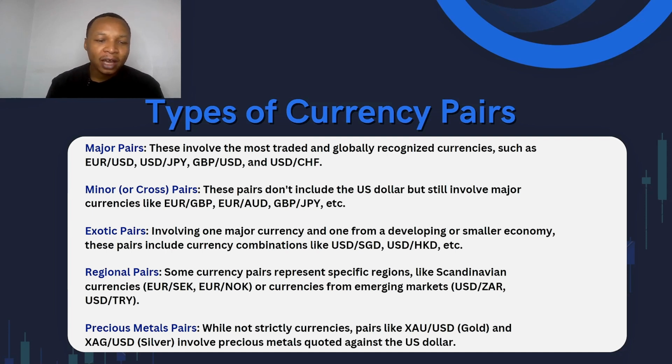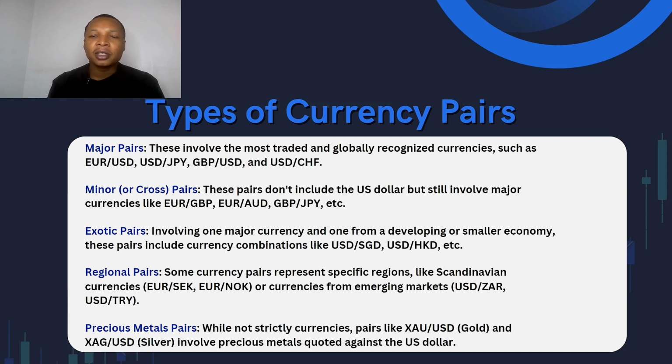And finally, we have the precious metal pairs. These are not currencies in many cases. This is when a currency is paired against a precious metal to determine its foreign exchange price; we call that a precious metal pair.